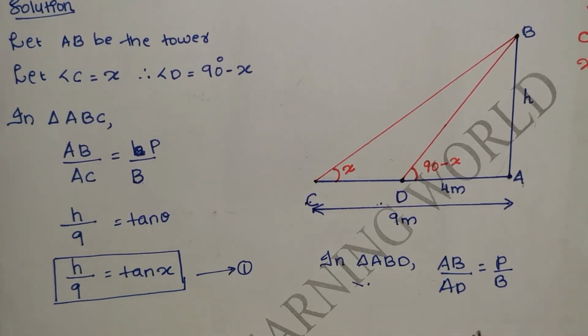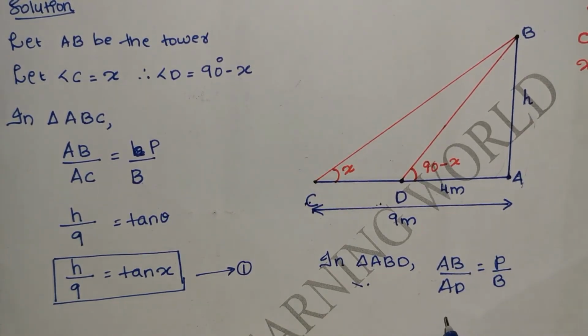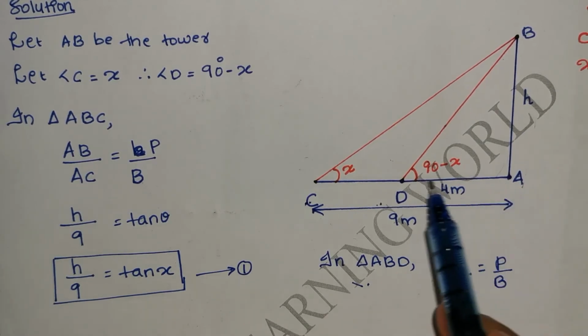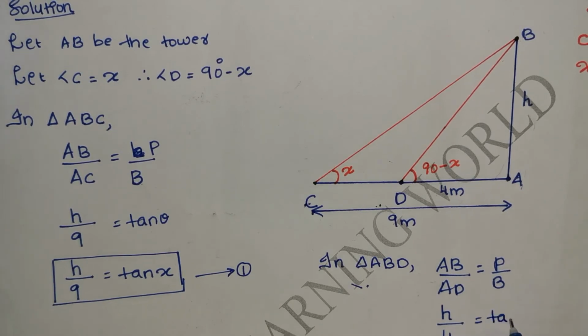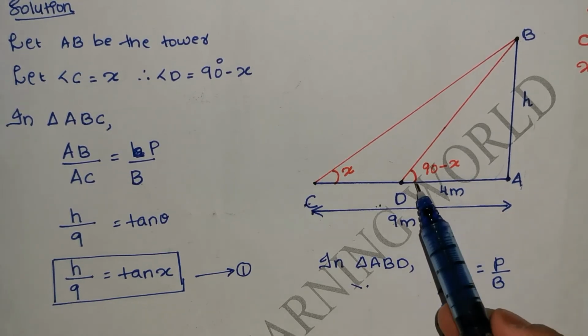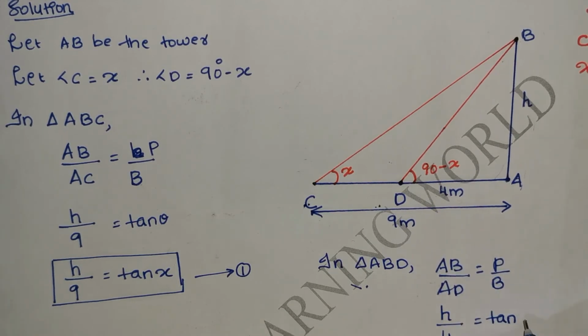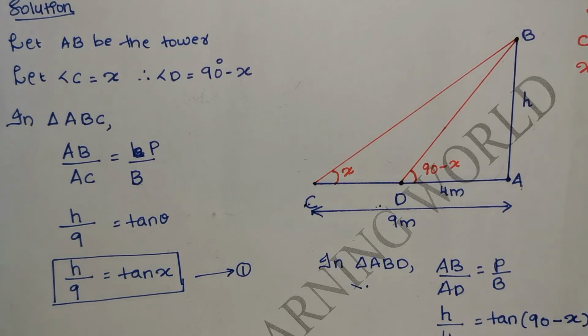AB can be replaced with H, and AD is 4. So H by 4 is equal to tan theta. What is theta here students? Here theta is 90 minus x, so I am writing 90 minus x here.